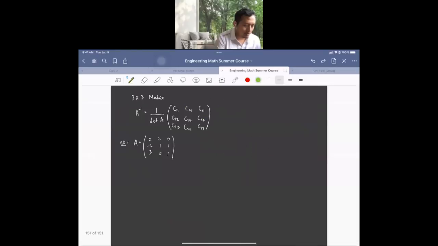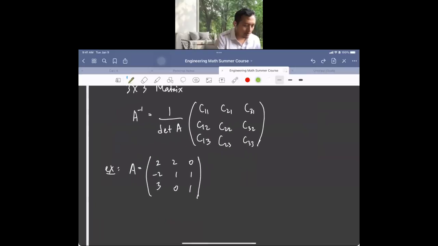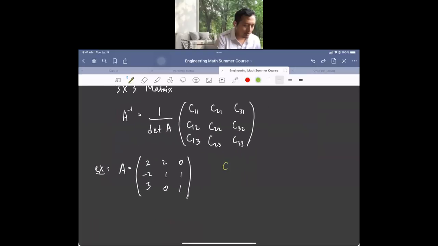That's just the 2 by 2. Easy to follow, right? But for the 3 by 3, you need to be careful and look at them one by one. C11 is going to be the determinant of the cofactor, going to be here, right? 1 1 and 0 1.